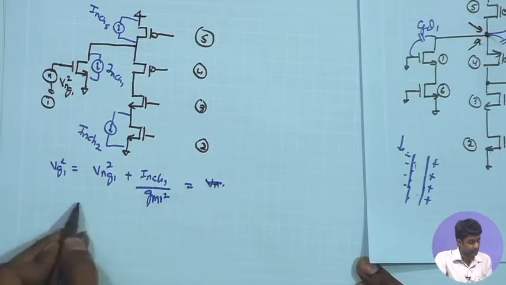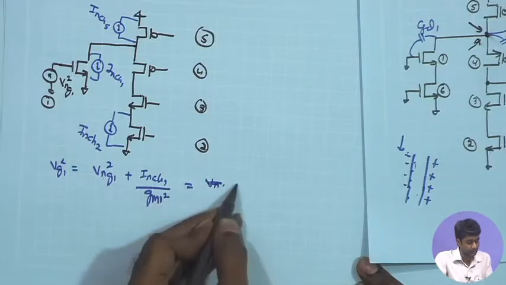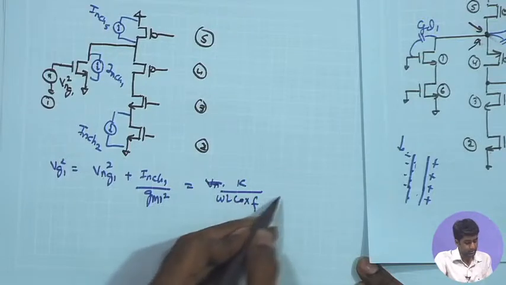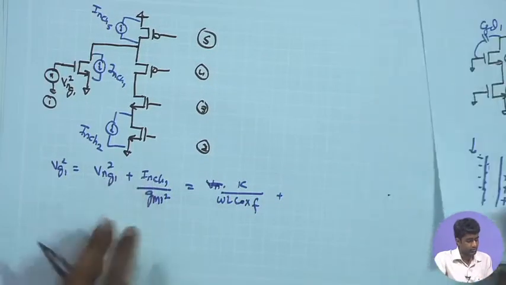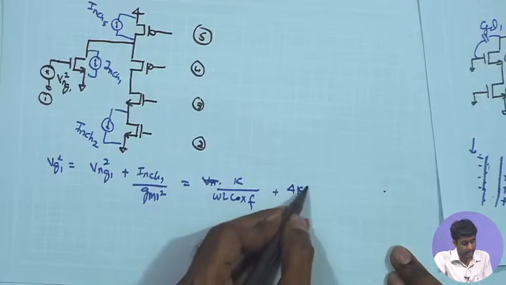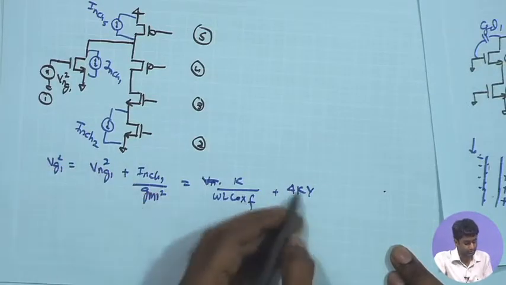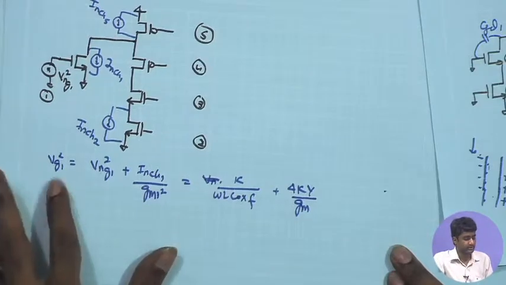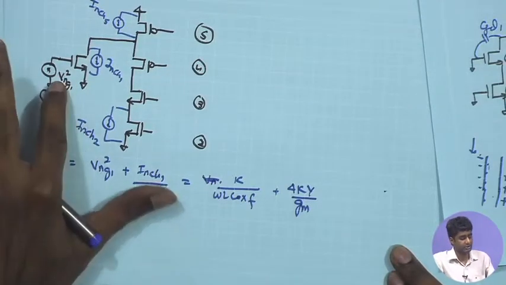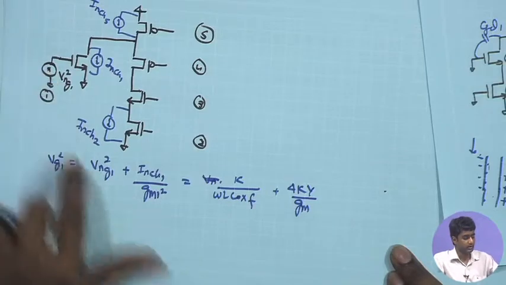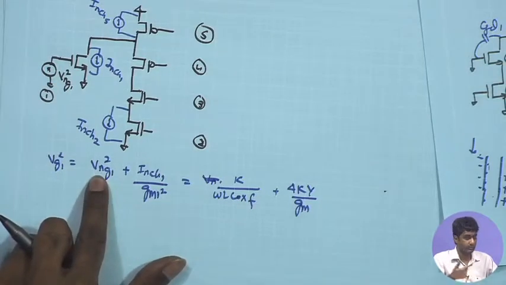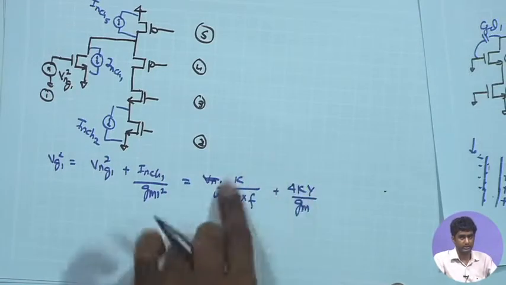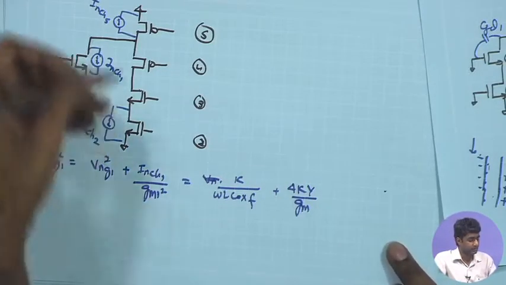I can express the flicker noise as K upon W L Cox times f, plus the channel current noise, 4 kT gamma GM, divided by GM1 square. So, this is the expression for the VG1 square. I will call this the total VG1 square, which is the VNG1 square because of the flicker noise plus the channel current noise divided by GM1 square.